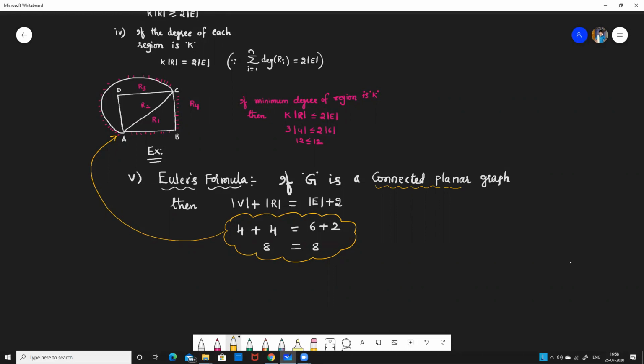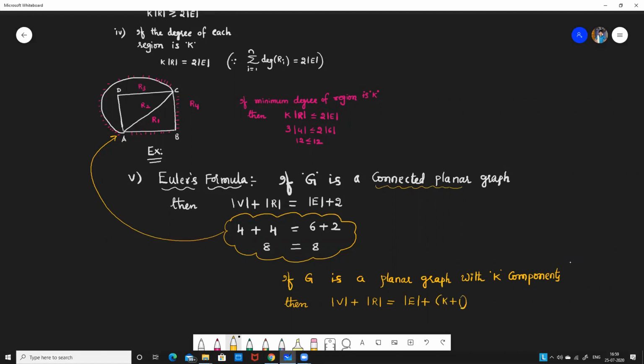Suppose G is a planar graph with k components, then it must satisfy the condition number of vertices plus number of regions is equal to number of edges plus k plus 1.